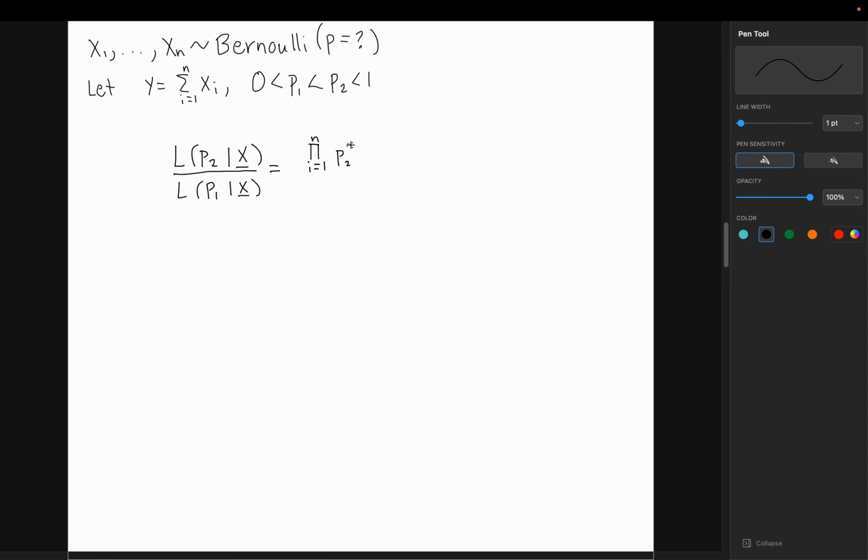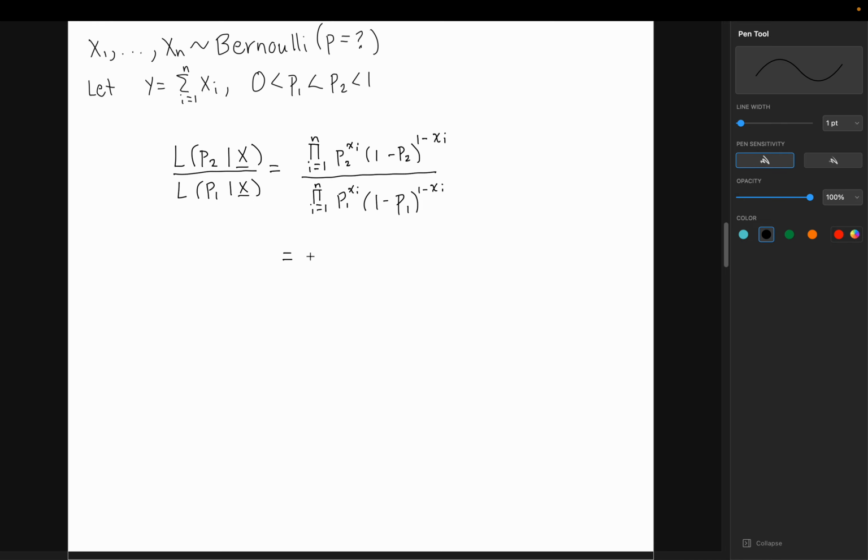So I have p2 to the power of xi, 1 minus p2 to the power of 1 minus xi. The denominator is the same thing, except we use p1: p1 to the power of xi, 1 minus p1 to the power of 1 minus xi.